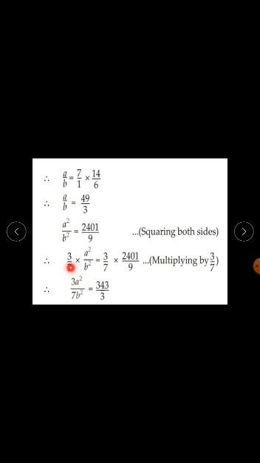So 3 upon 7 into a² upon b² equals 3 upon 7 into 2401 upon 9. Now 3 into a² is 3a² and 7 into b² is 7b². Finding the product, the answer is 343 upon 3. So 3a² upon 7b² equals 343 upon 3.